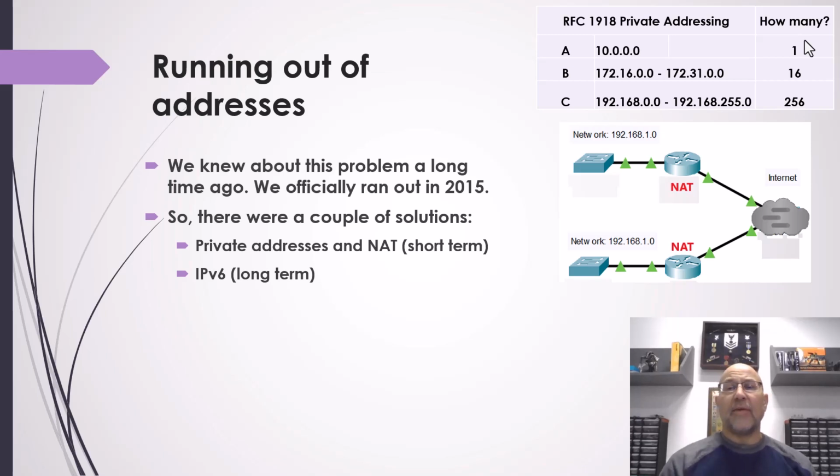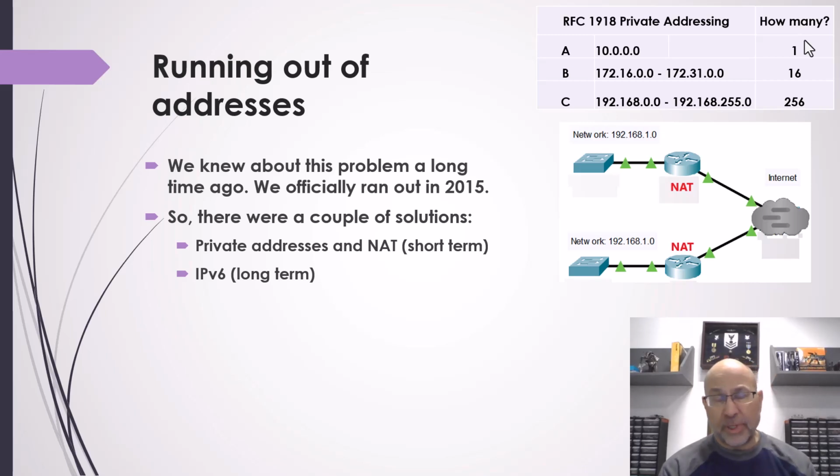So in the graphic right above my head, we can see that there are two networks that use the same address space, 192.168.1.0. How do networks get away with using the same address space? Well, through the miracle of network address translation, everybody can use the exact same address space, and we just get translated to a single public IP address out on the public internet, that is on the outside of the router.